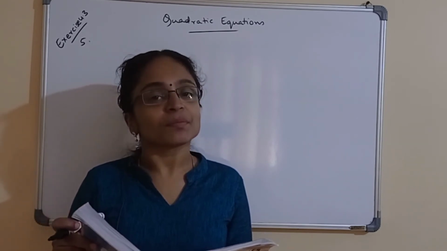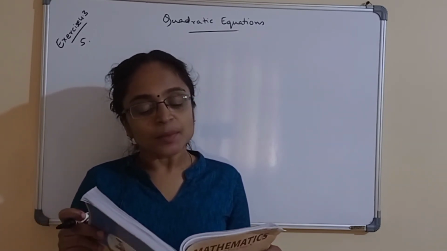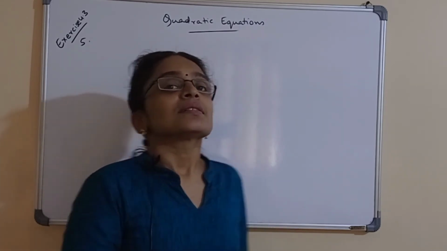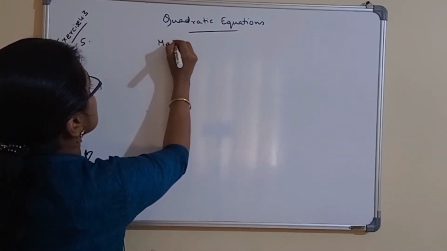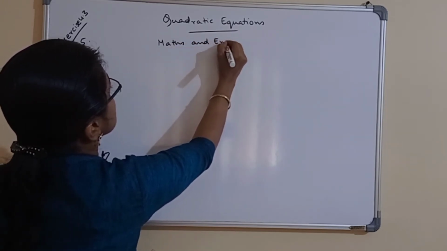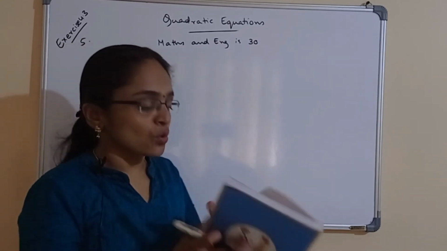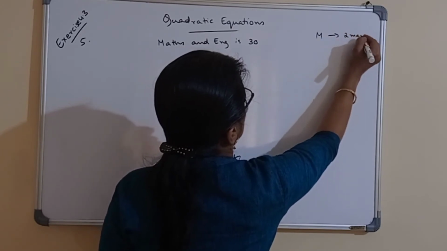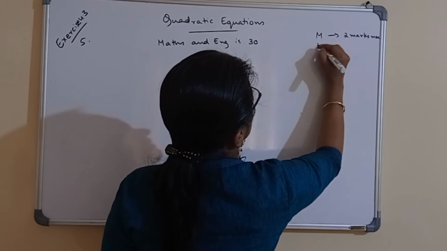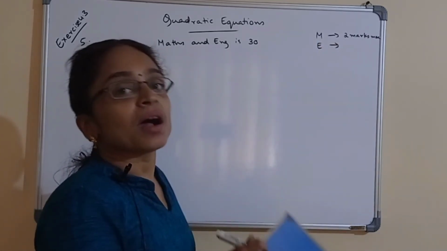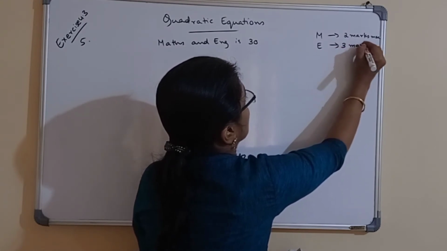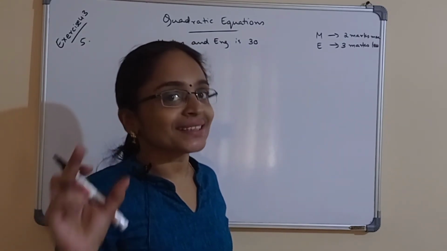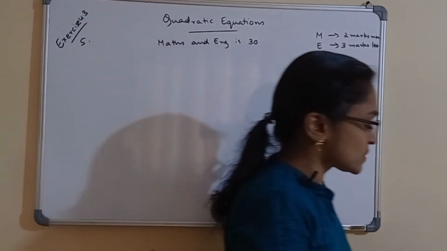Had she got 2 marks more in mathematics and 3 marks less in English, the product of their marks would have been 210. Find her marks in the 2 subjects.